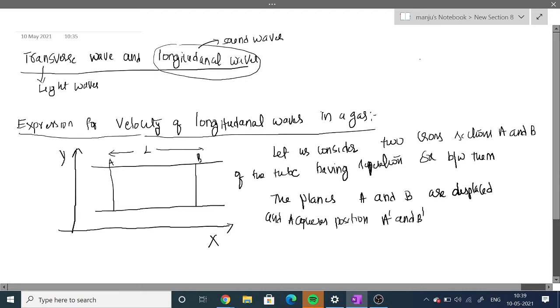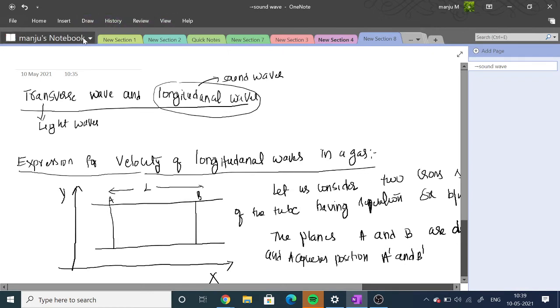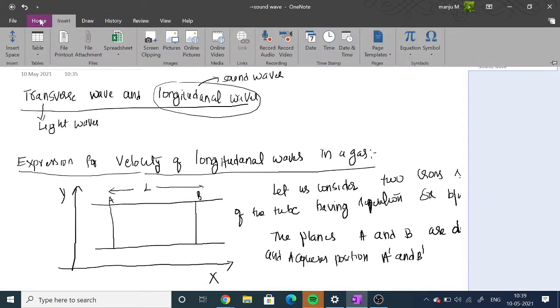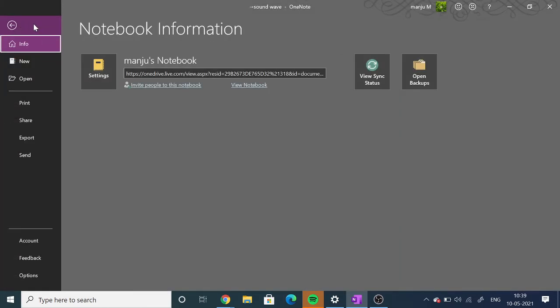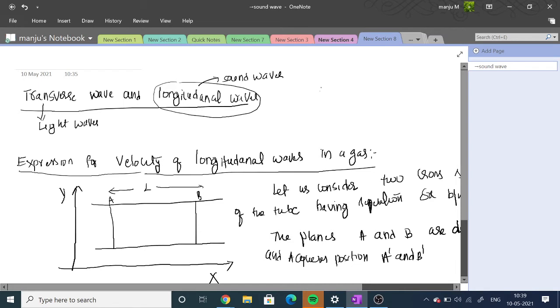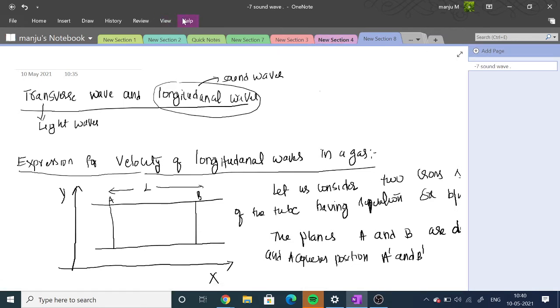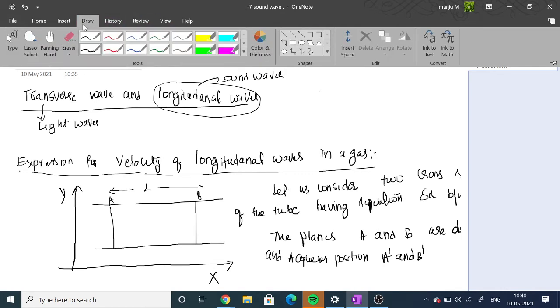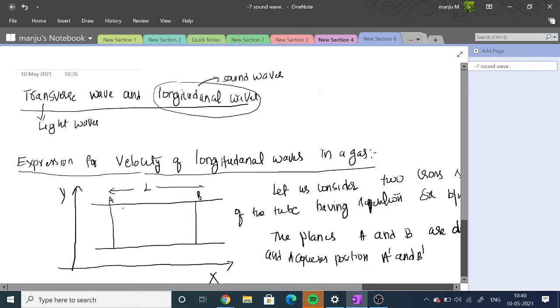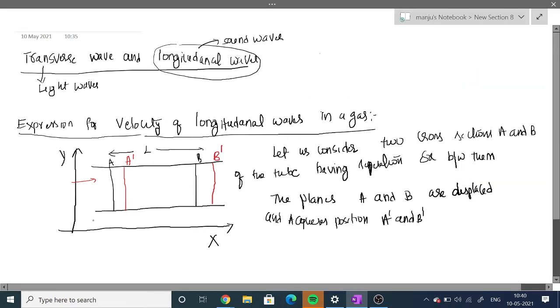So when the wave travels like this, A displaces to position A dash and B displaces to position B dash.